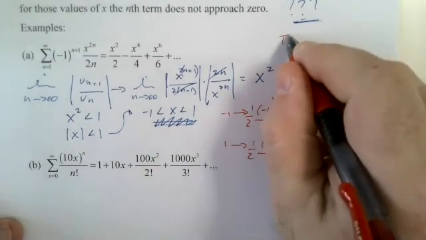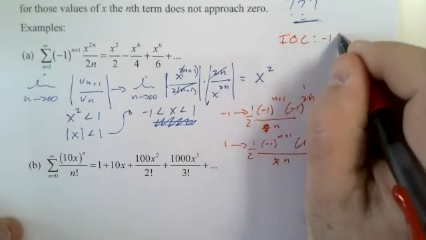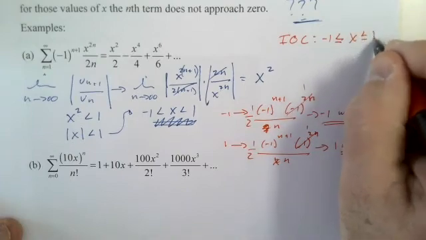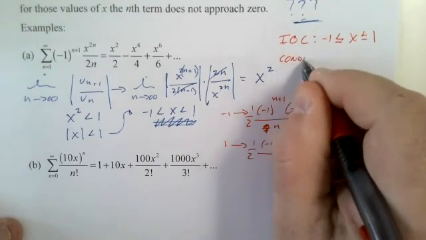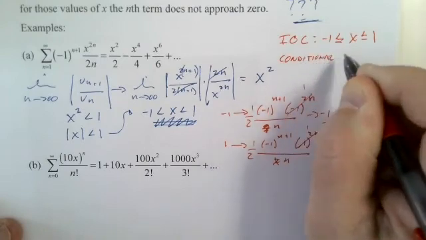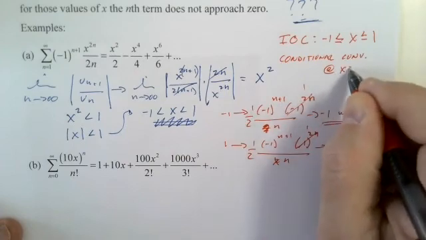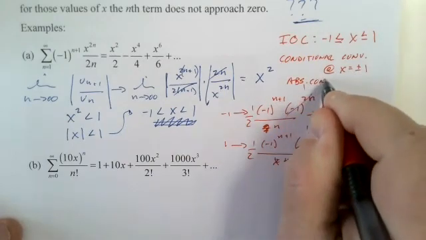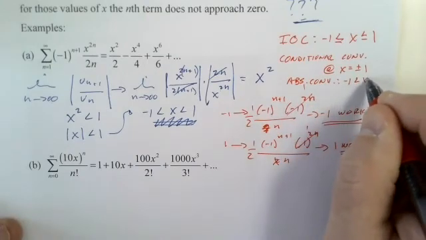So the interval of convergence is -1 less than or equal to x less than or equal to 1. Conditional convergence at x equals plus or minus 1. Absolute convergence, -1 less than x less than 1.